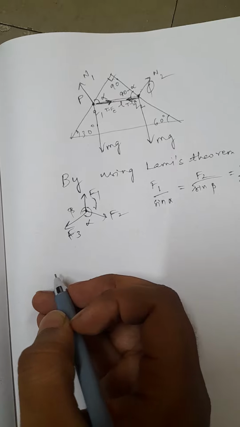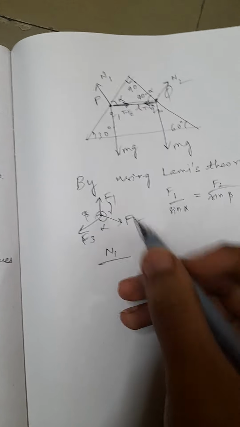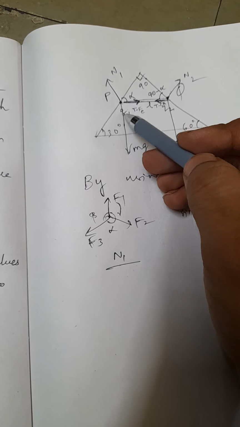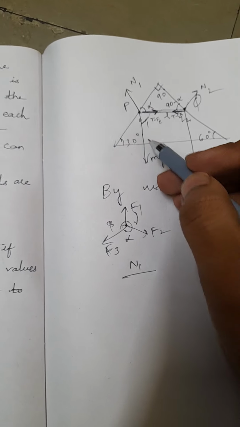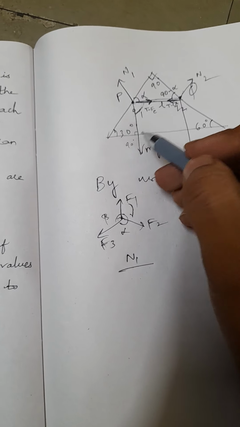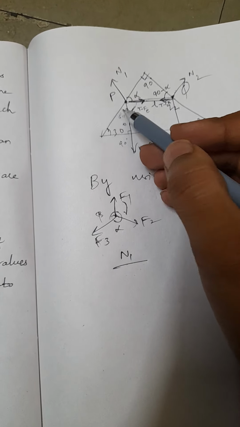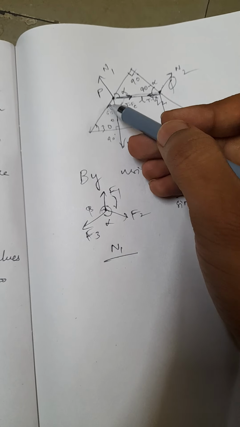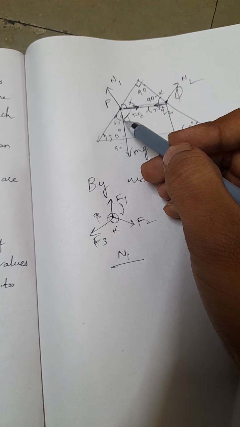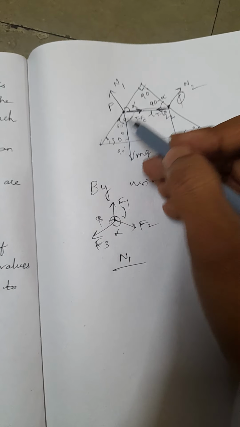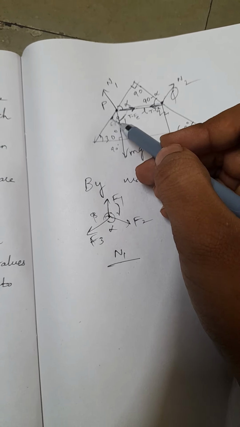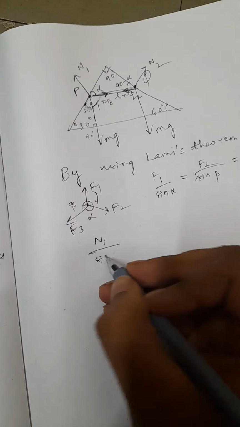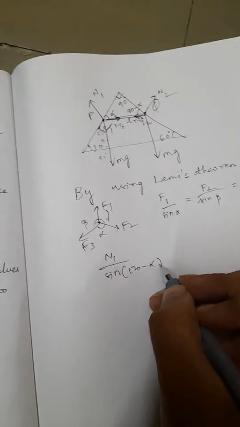First we will take the case for N1. The angle opposite to N1 is the angle we need to find. As this is 90 degrees and here it will be 60 degrees, and the sum of angles in a triangle is 180, so 180 minus 60 will be 120, and 120 minus alpha, so we can take this as sine of 120 minus alpha.